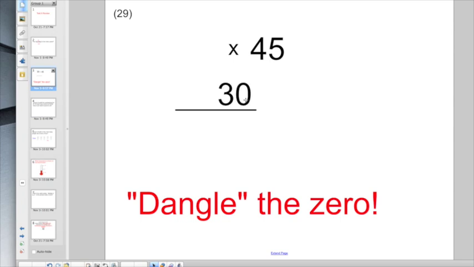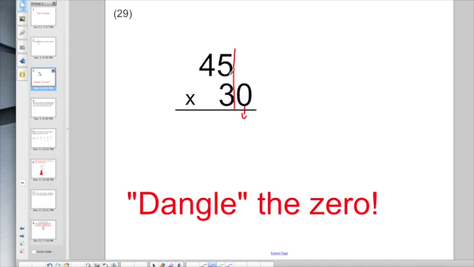No, if you're dangling the 0, you got to make sure the digit with the 0 ends up on the bottom. And when you go and dangle the 0, you're not even really worried about that 0. Don't even think of it as 45 times 30. Just worry about 45 times 3.